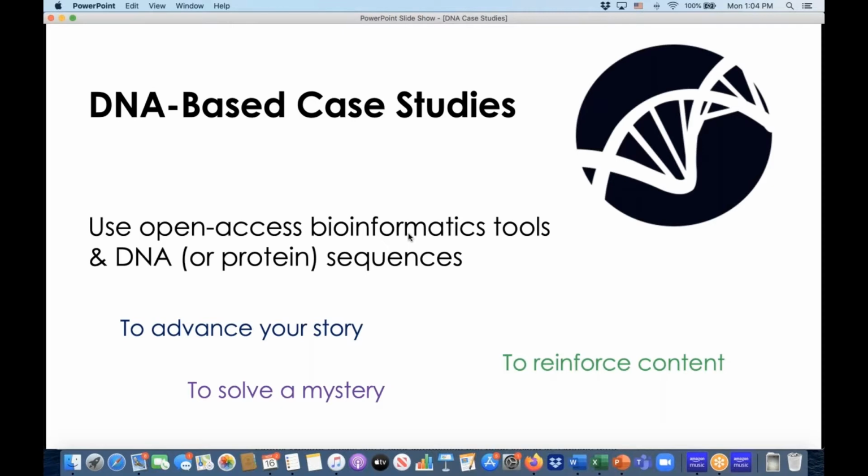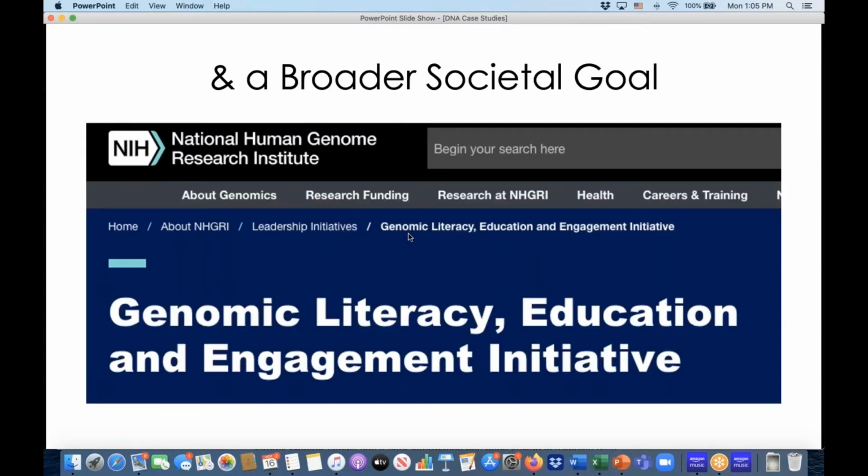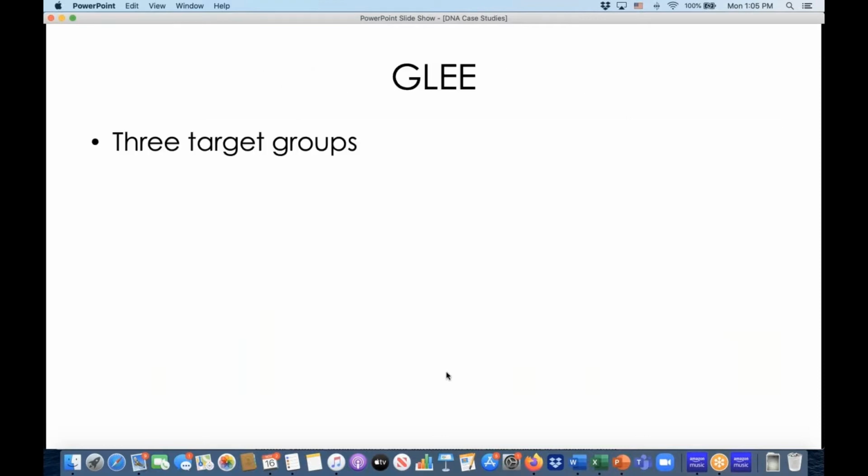The other reason why I really like thinking about DNA-based case studies is they can contribute to a broader societal goal. The National Human Genome Research Institute has the GLEE initiative, which stands for Genomic Literacy, Education, and Engagement. The GLEE initiative focuses on 3 target groups to help advance their understanding of genetics and genomics.